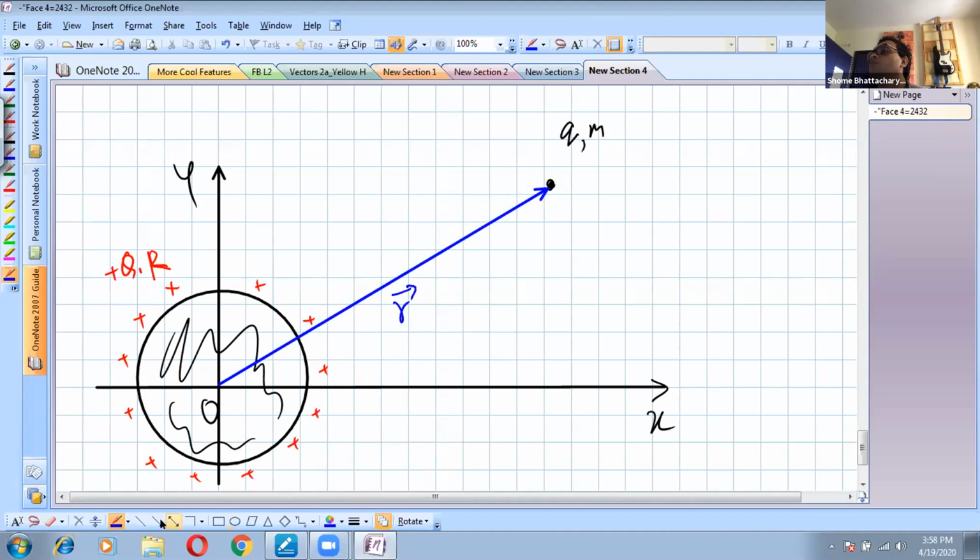So you can see that the force that this shell is applying on it will always be in this direction. It's repulsive. I'm assuming both are positively charged. So this will be the force that this applies on it.